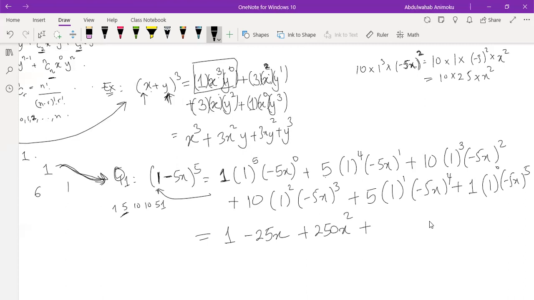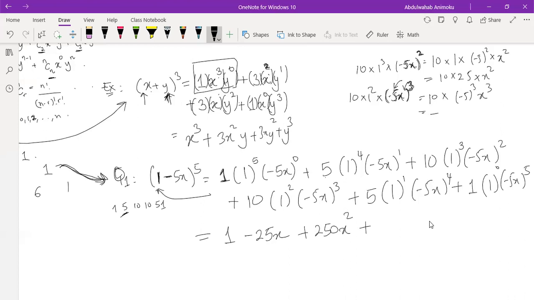Okay, what about the next one? The next one is 10 times 1 squared times (minus 5x) cubed. Now, why we are putting brackets around the whole term is because we want to signify that this power of 3 affects both minus 5 and x. So don't make the mistake of thinking that the power is affecting only x; it is also affecting the minus 5. So we have 10 times (minus 5) raised to the power 3, x raised to the power 3.